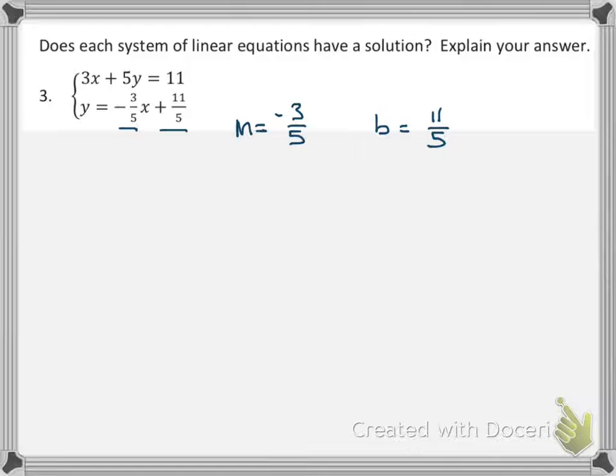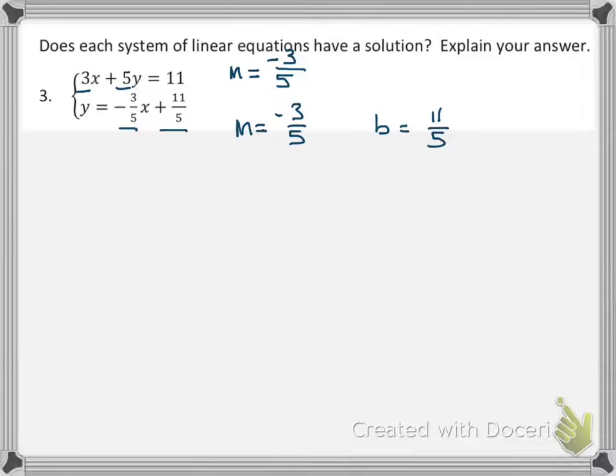And on the first equation, it's standard form, so the slope is a negative a value, which is 3, so a negative 3, over the b value, which is 5, so a negative 3/5. And I can see they have the same slope. So these are either parallel lines, and they'll never intersect, meaning no solution, or they're the same line, and they intersect everywhere, meaning infinitely many solutions.